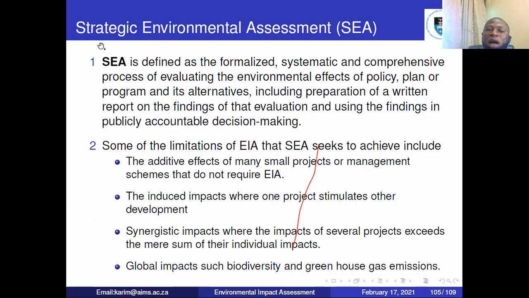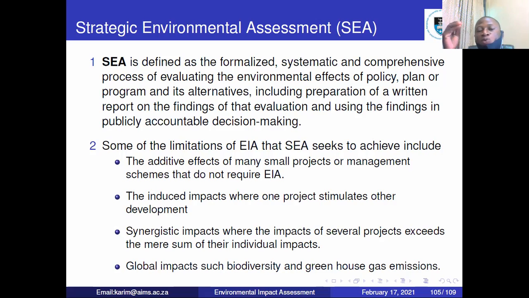So we have strategic environmental impact assessment. And this part has to do with a situation where you have several projects, and their combined impact is so great.